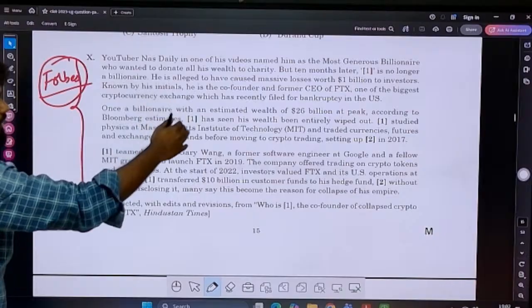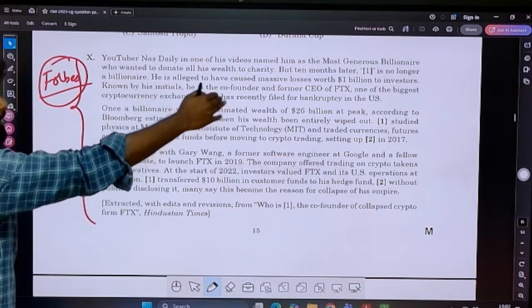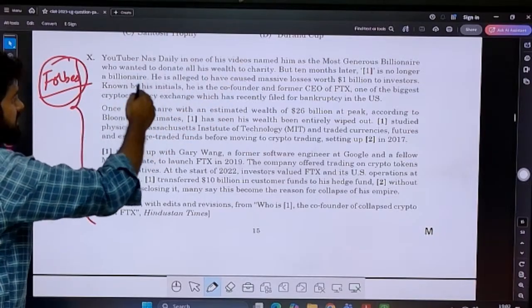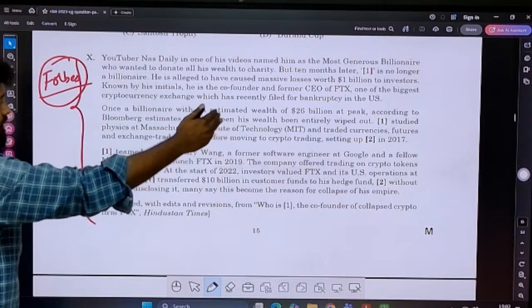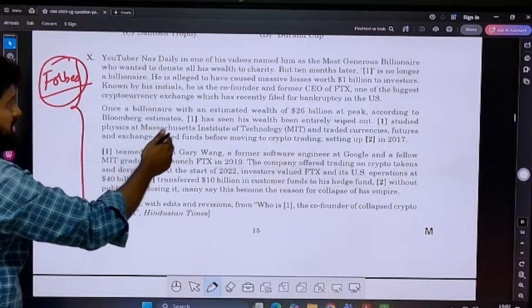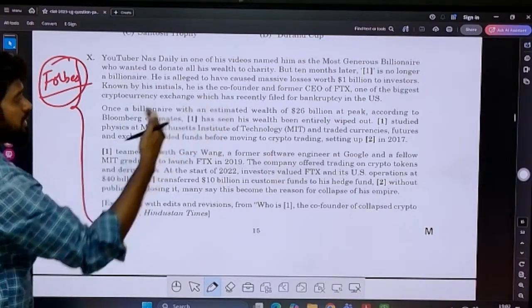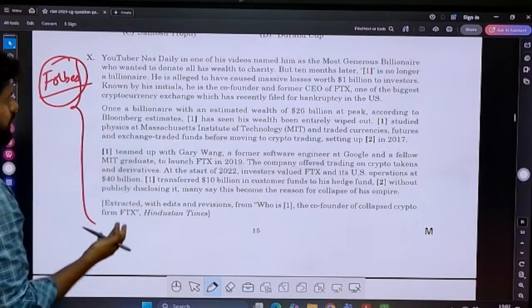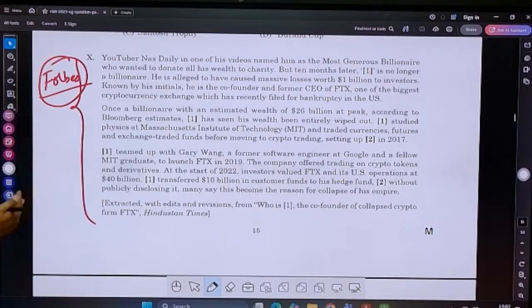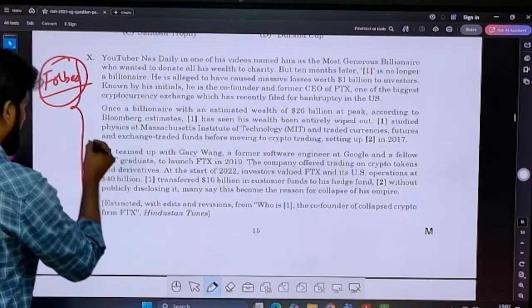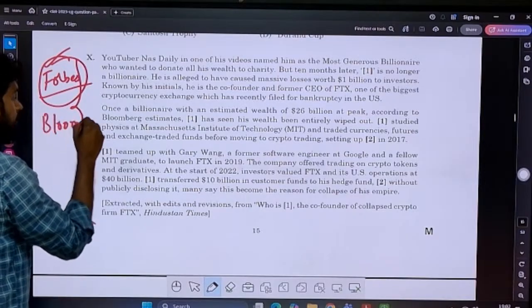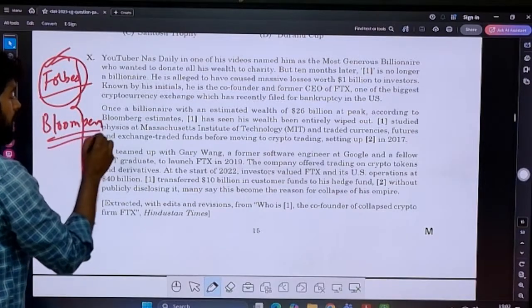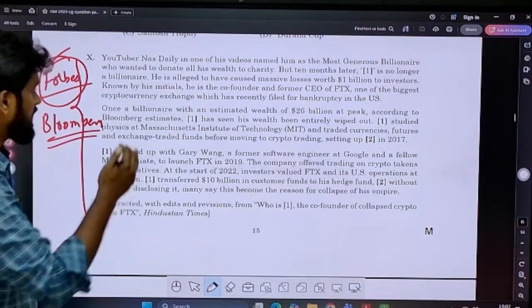He is alleged to have caused massive losses worth 1 billion to investors, known by his initials. He is a co-founder and former CEO of FTX, one of the biggest cryptocurrency exchanges, which has recently filed for bankruptcy in the US. Once a billionaire with an estimated wealth of 26 billion at peak, according to Bloomberg, Forbes ఒకటి. Second one ఏంటి? We'll read about Bloomberg top 100 billionaires in the world.